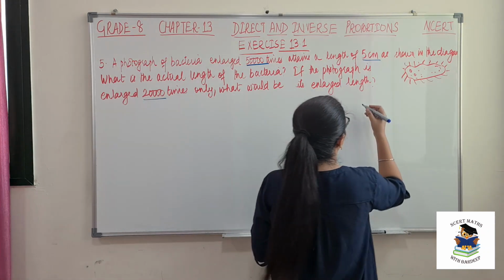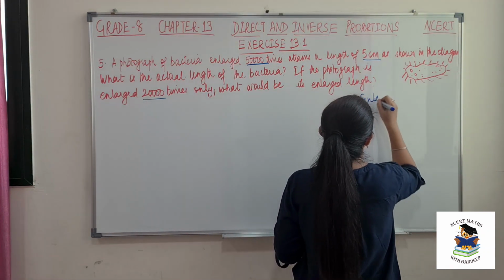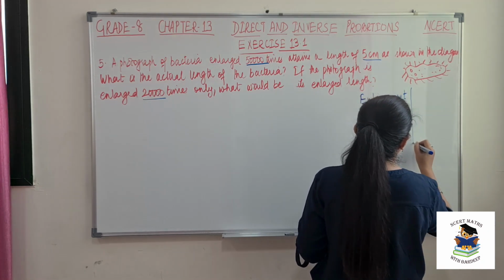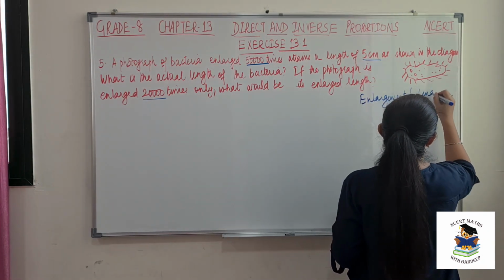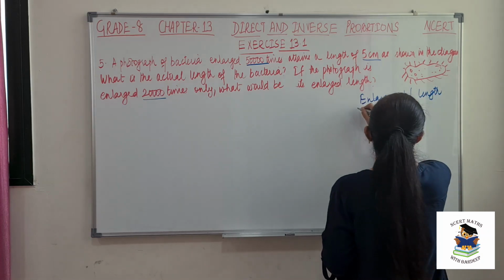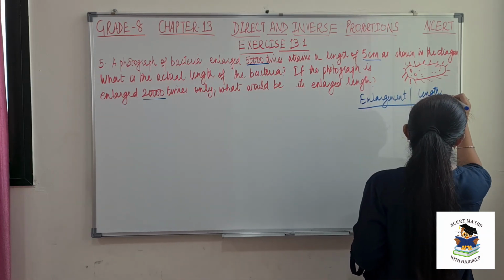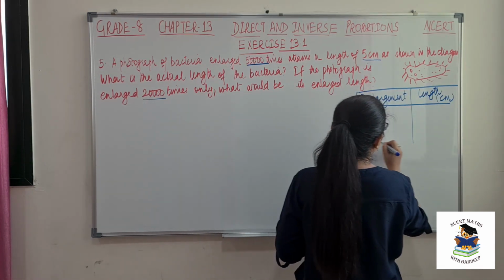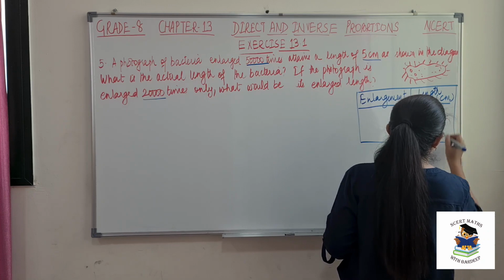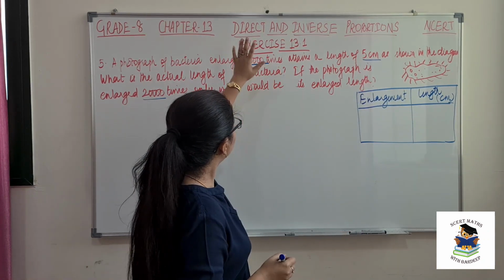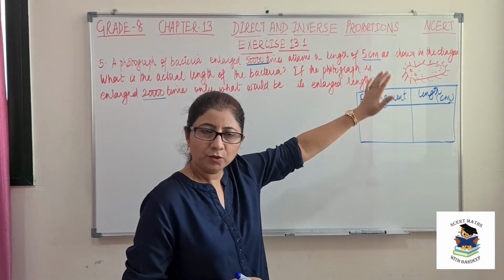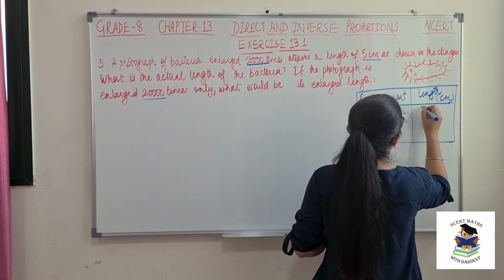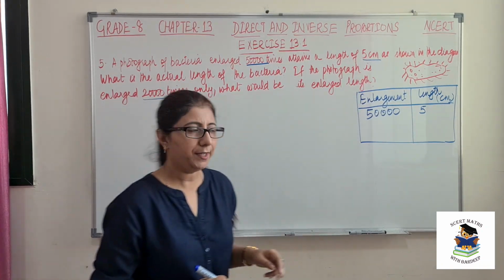So let's make the table first. Here it is enlargement as our one quantity and length of bacteria as our second quantity, and length is given in centimeters. Okay, so first, for 50,000 times the length is 5 centimeters.